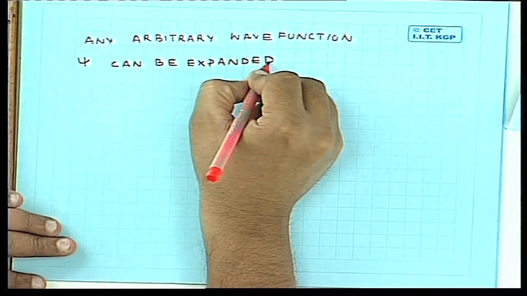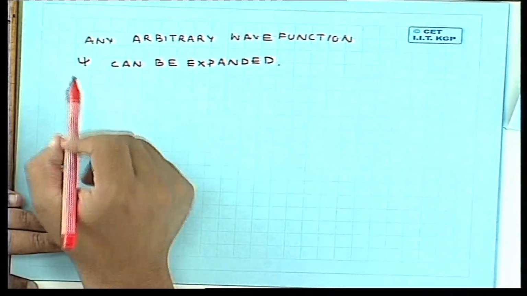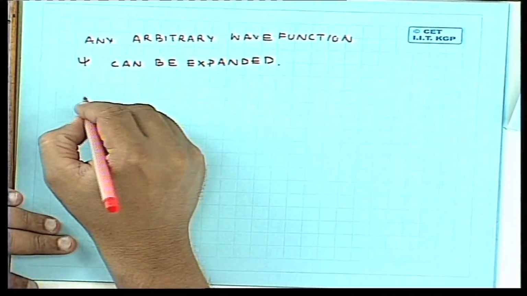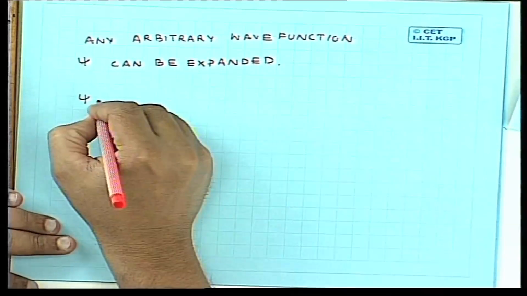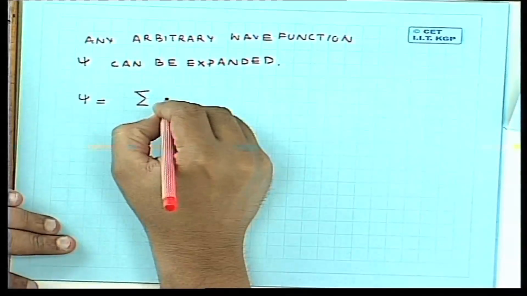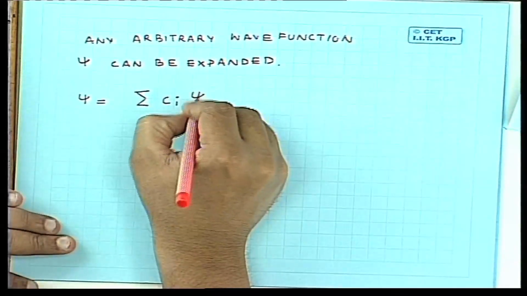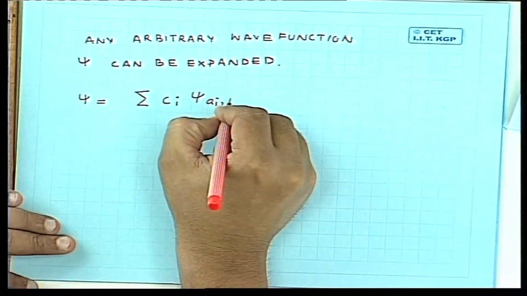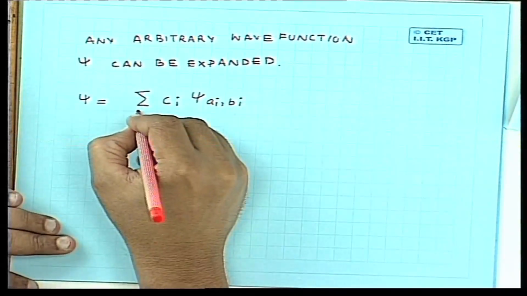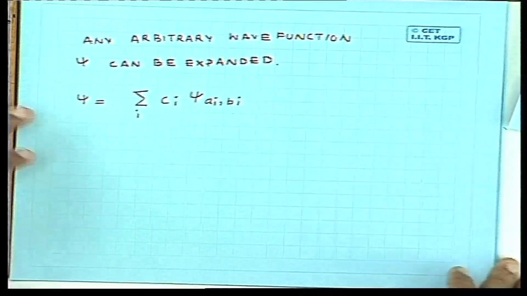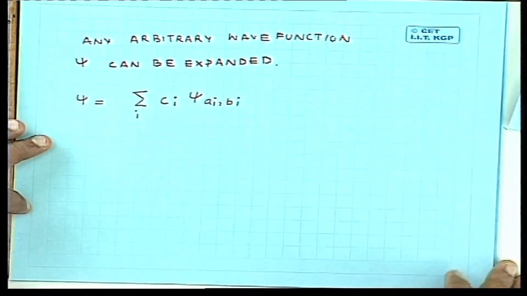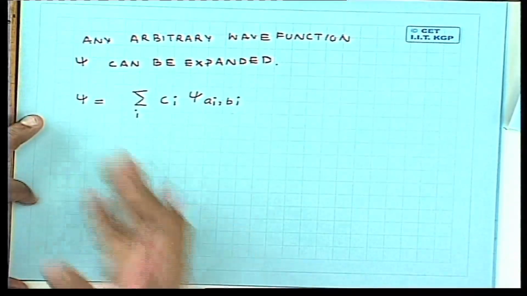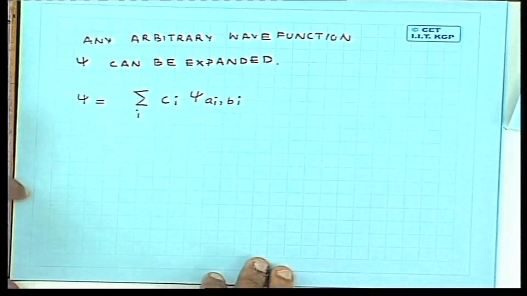If such a complete set exists, then any arbitrary wave function can be expanded in terms of this. So we can expand any arbitrary wave function as the sum of Ci psi Ai comma Bi. This just follows from the fact that if such a basis exists, a complete set of such wave functions, then you should be able to expand by the definition of completeness.